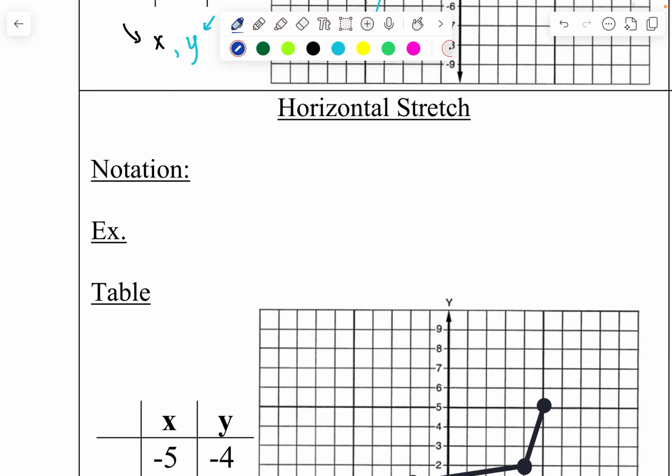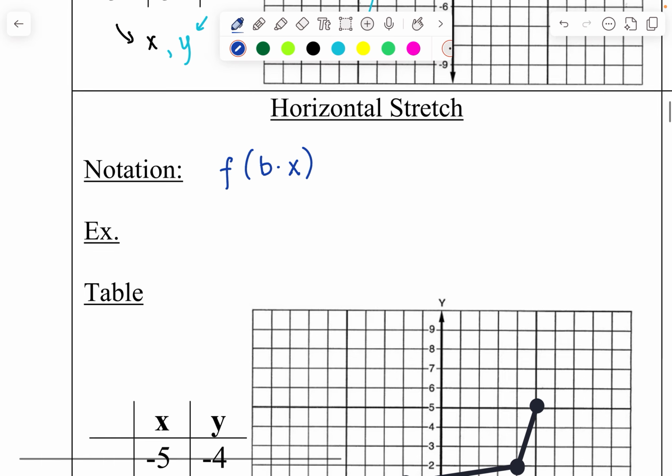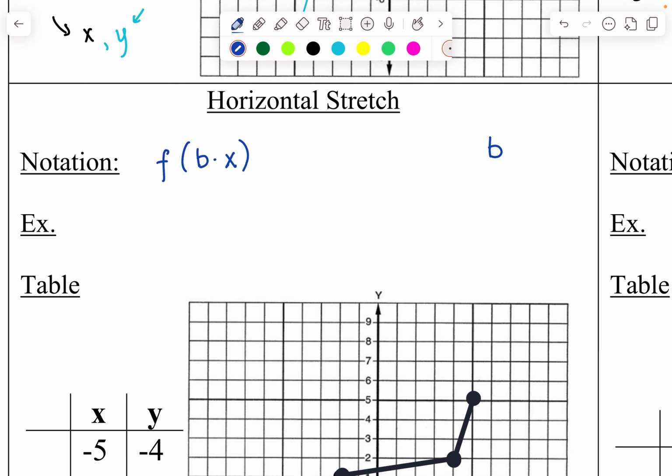So this is going to be called f of b times x, where b, for a stretch, is going to be less than 1 but greater than 0. Now remember, we always do the opposite of whatever is happening to x.